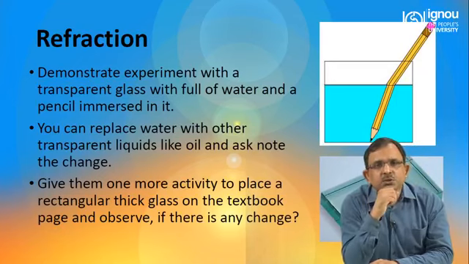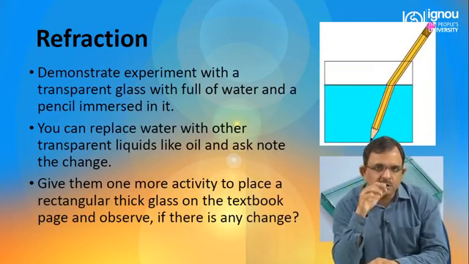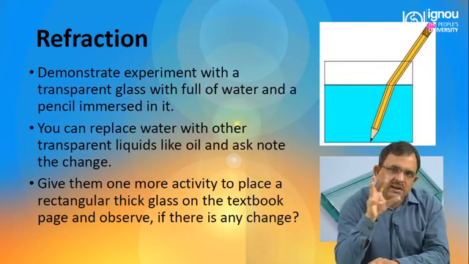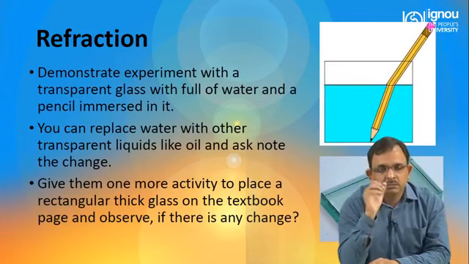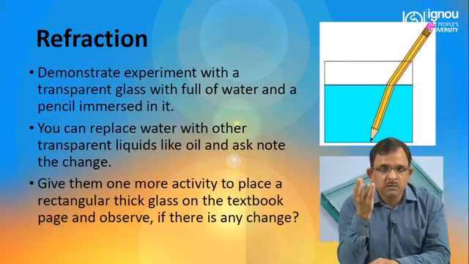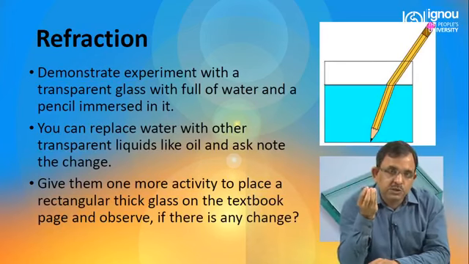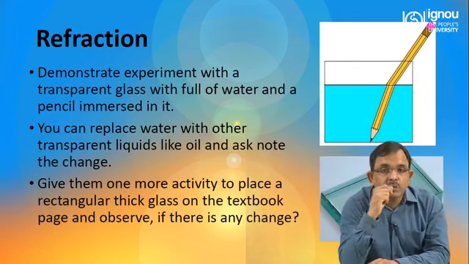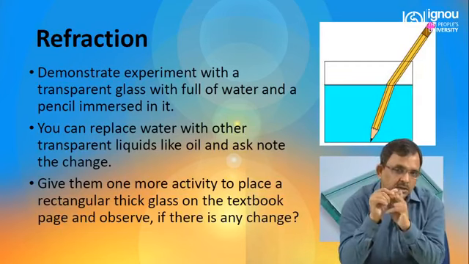One more thing you can do, you can give them different types of liquids, not only water, which are a little bit transparent so that they can observe whether whatever has been dipped in it is visible or not. You can give them kerosene oil, the edible oils which we use at home, honey, many things you can give.